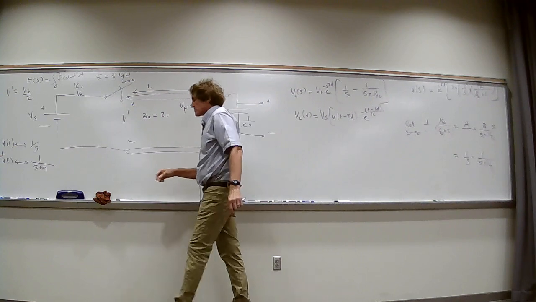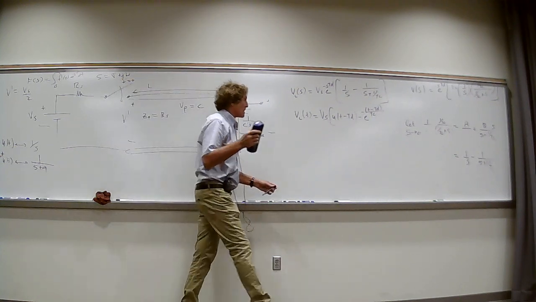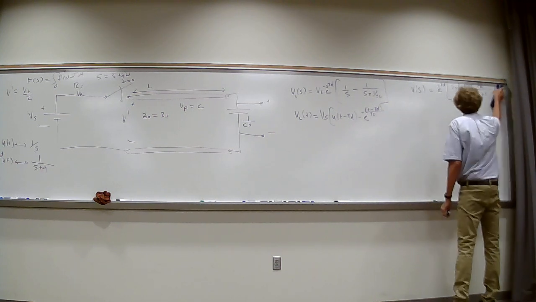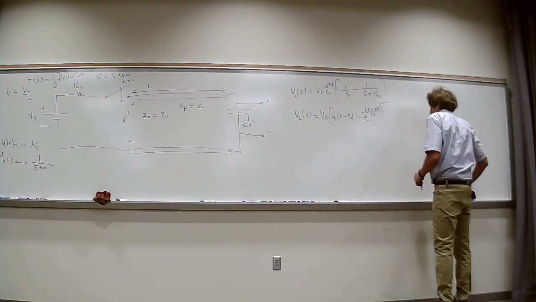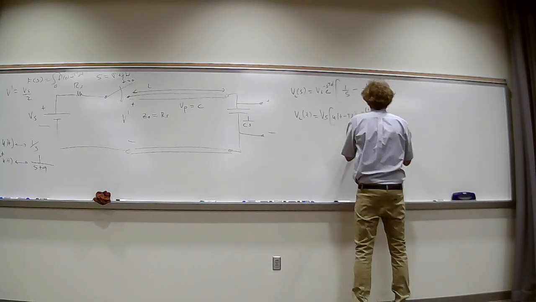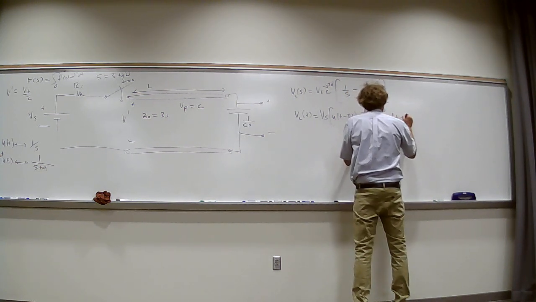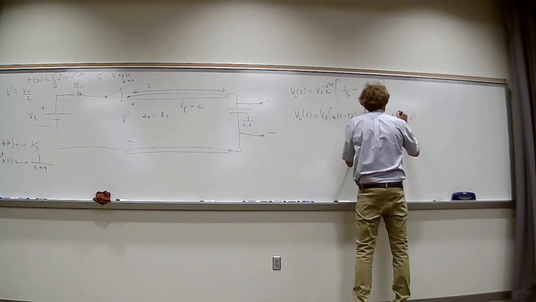Erase this. And then it's going to be times u of t minus TD.